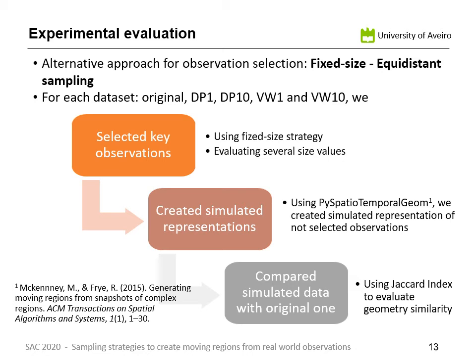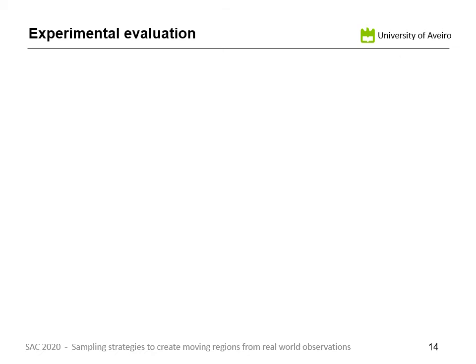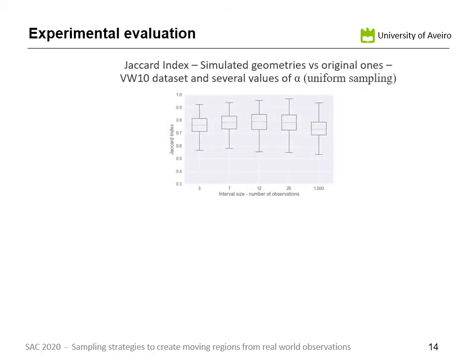And we compared simulated geometries with the real ones. We evaluated the use of uniform sampling using several values for the sampling rate. The sampling rate defines the compression rate to be achieved, but provides no guarantee in terms of interpolation quality.